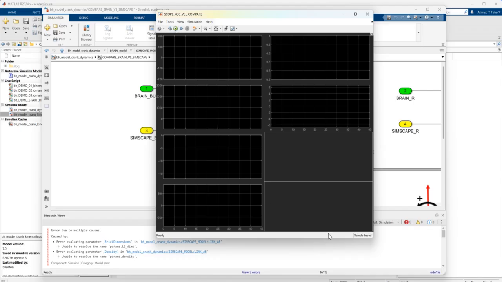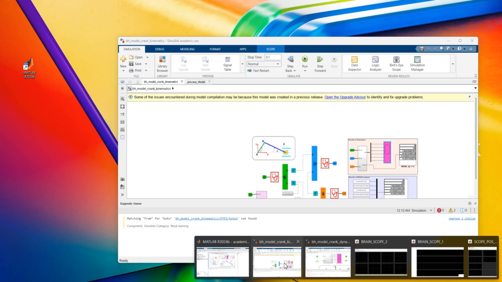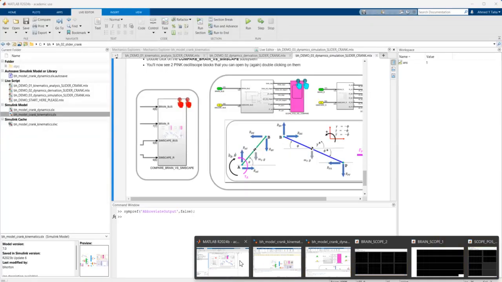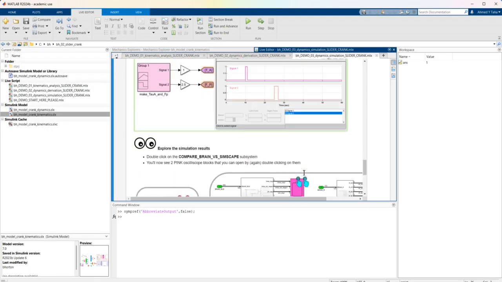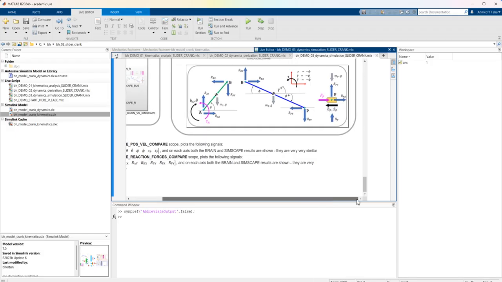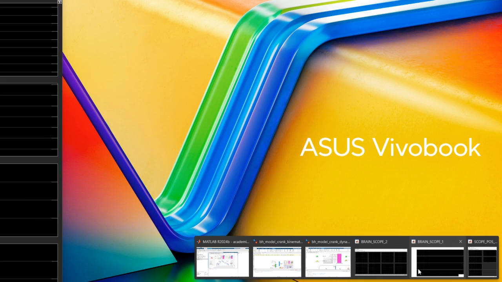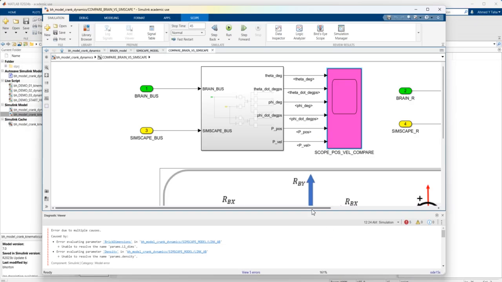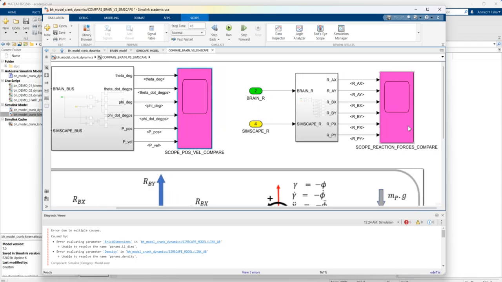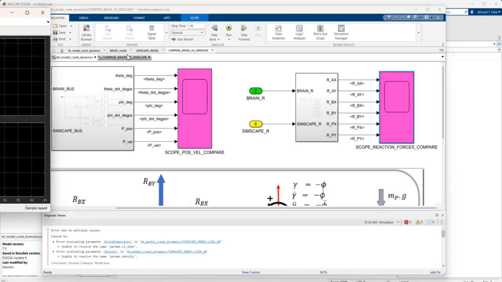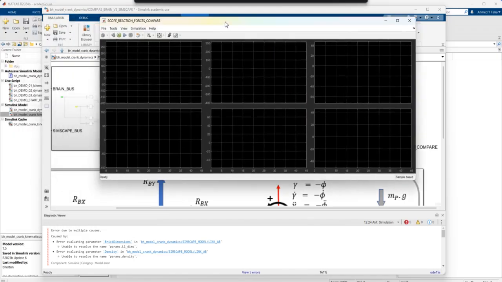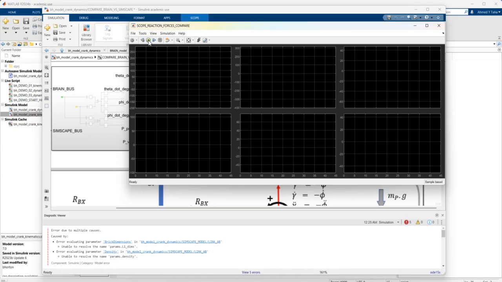Yeah, I cannot see any results here. It's not like what it promised us. Let's see the other one. So I double click on this one. Let me double click on that one. Doesn't show.